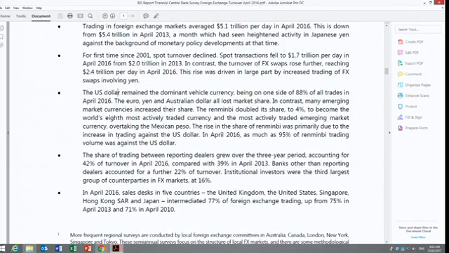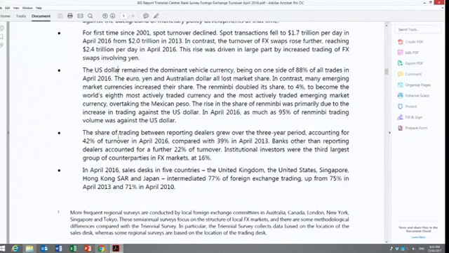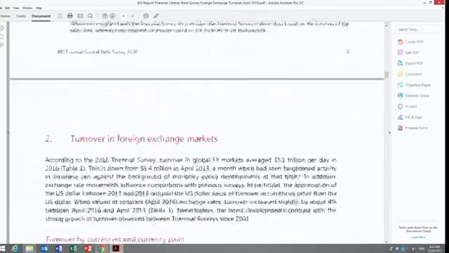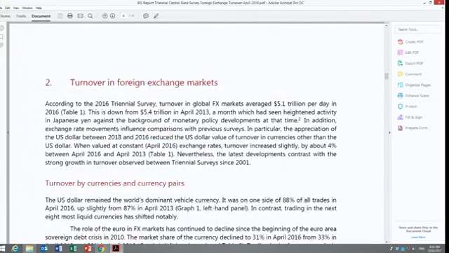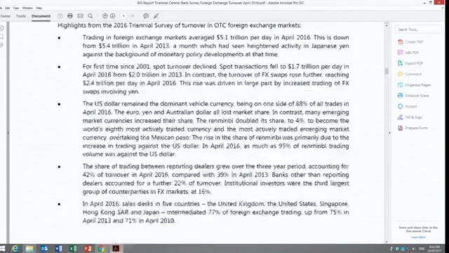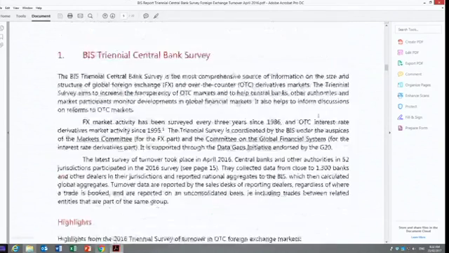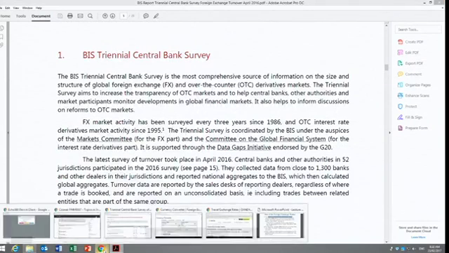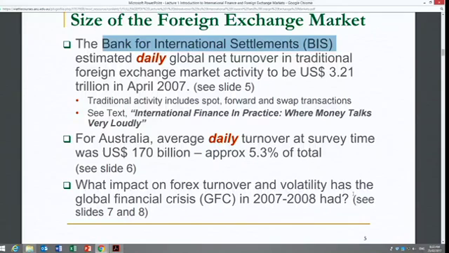So for those of you who are interested in understanding recent developments in the foreign exchange markets, you can go through this report. Okay. Let me go back to the slides.